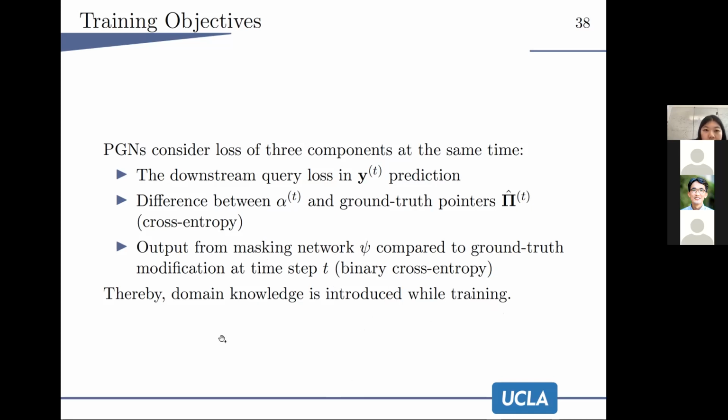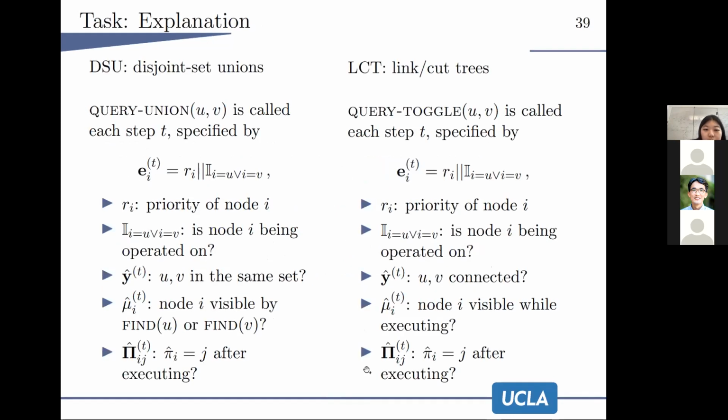And they claim that domain knowledge is introduced while training in this way. Some examples are the disjoint set unions and the link cut trees. Those are examples of what these components look like, which may help a little in understanding.